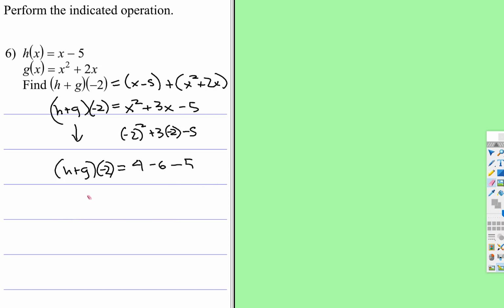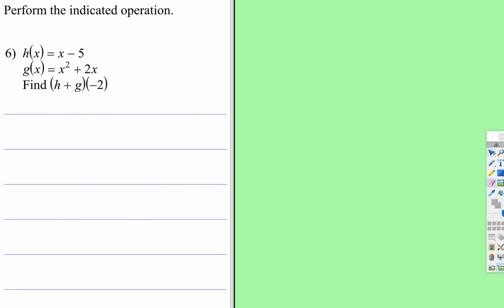Okay, now the other method: you could just substitute -2 in there first. So -2 subtract 5, so h of -2 is -7, and then g of -2 is equal to -2 squared plus 2 times -2.